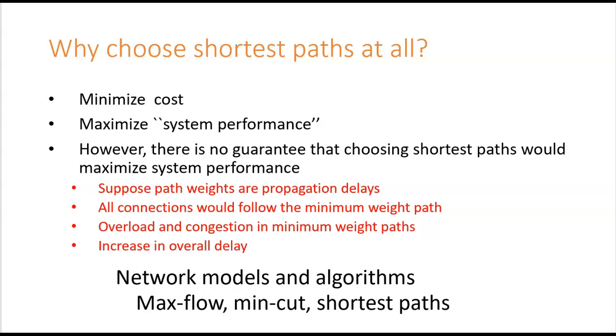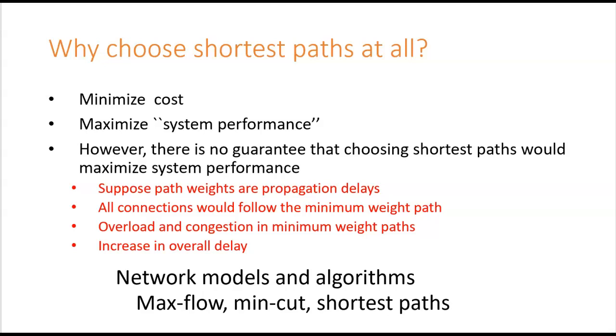Because of the right turn on red, it makes the path faster because they can often just keep going. Sometimes you want to maximize system performance instead of prioritizing cost. But there's no guarantee that choosing the shortest path is going to maximize that performance. Things happen in life and in systems.